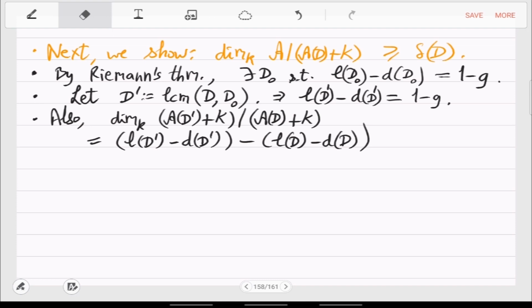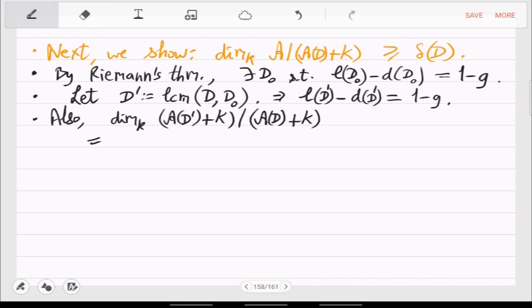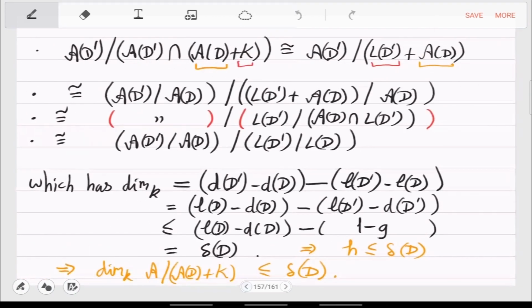No, we have to use this formula that we showed. Let's do it in steps, I'm jumping too fast. So what we had shown is that this equals, in the end we got this, L minus D of big D and L minus D minus L minus D of D prime.